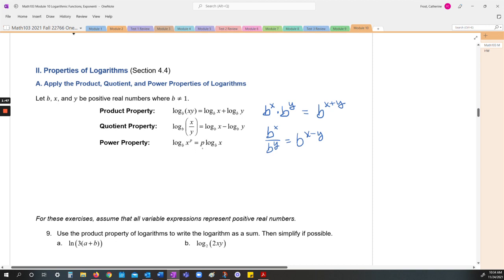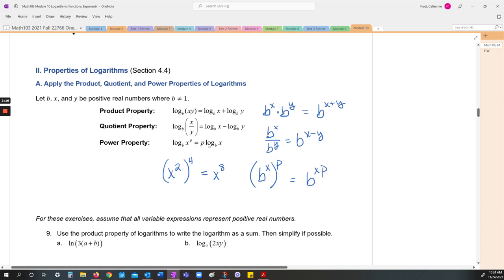And finally, the last one is if you have something like x squared to the fourth power, we know that we can multiply those two exponents together, and this is the same as x to the eighth. With similar letters, if we have b to the x power and then raise that to another exponent, you can multiply these together.